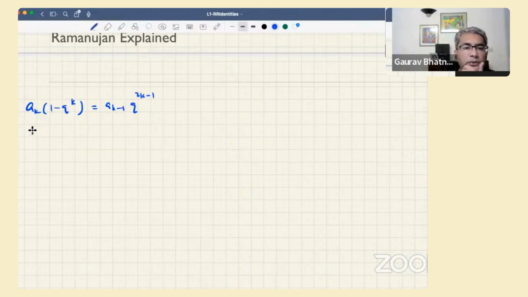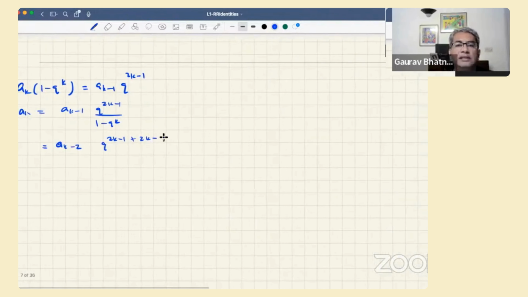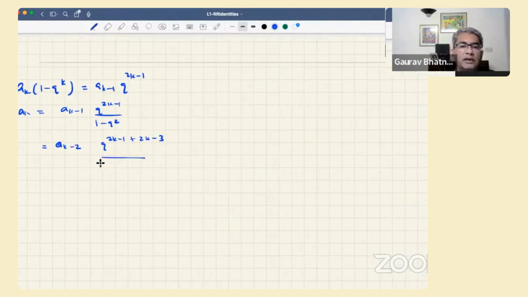Okay, so a_k is equal to a_(k-1) q^(2k-1) over 1 minus q^k. We can iterate this, so it's a_(k-2) q^((2k-1)+(2k-3)) over (1 minus q^k)(1 minus q^(k-1)).